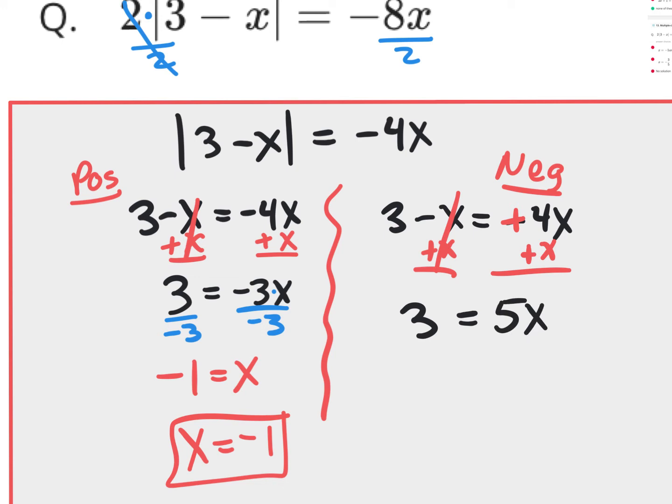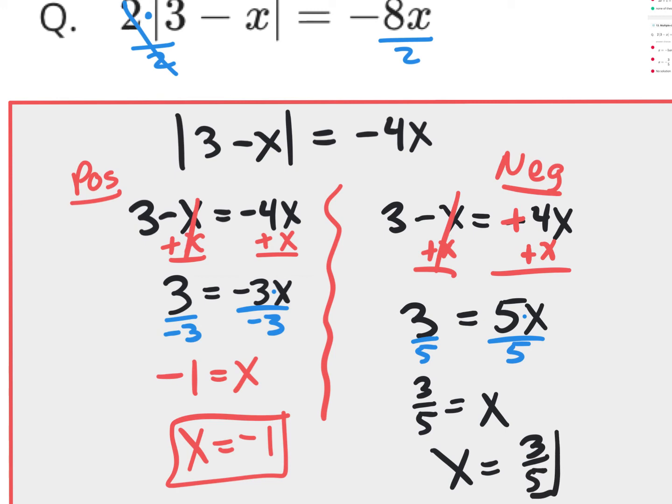Now I still need to get rid of the multiplication of 5 in front of the x. I'm going to divide by 5, giving me x equals 3/5. Better written x on the left side, 3/5 on the right side.